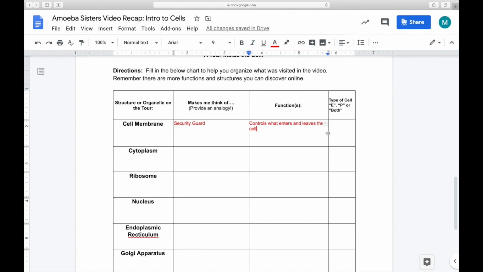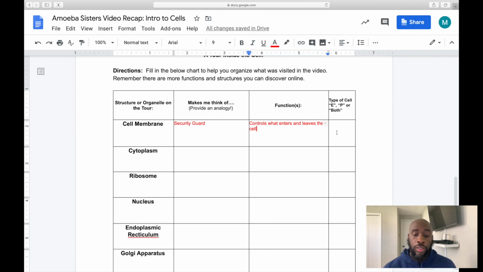And now, in this last box, we're going to put whether it is a eukaryotic cell, a prokaryotic cell, or found in both. And the cell membrane, as we talked about earlier, is found in both. So I'm just going to put both.